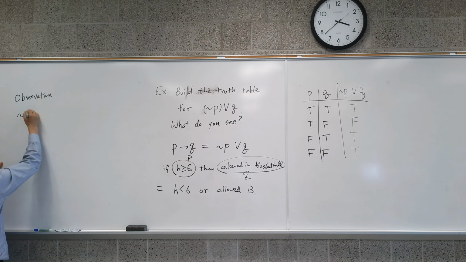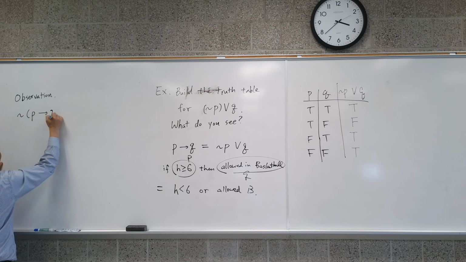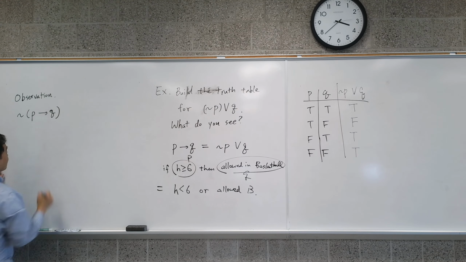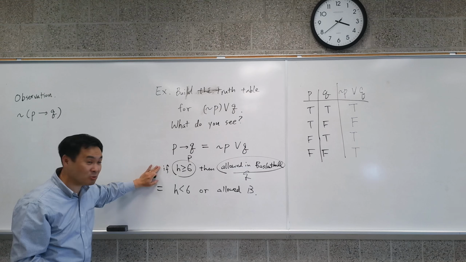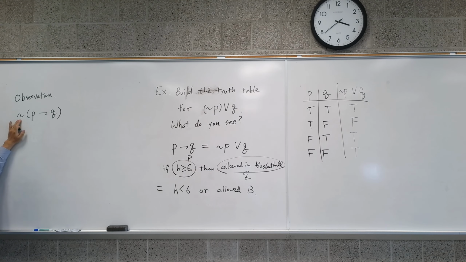Suppose you want to make the opposite statement, not the opposite, the opposite has a different meaning, sorry. Suppose you want to negate an if-then statement, okay? So let's say some guy said, well, you said this before, but that was a lie, right? You want to refute this. You want to make a negation of that statement, okay?